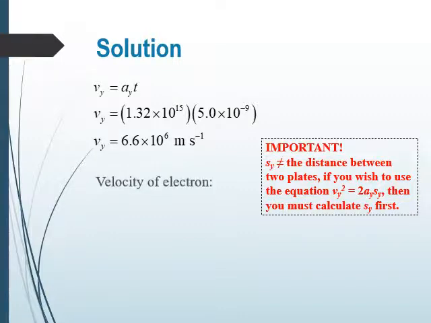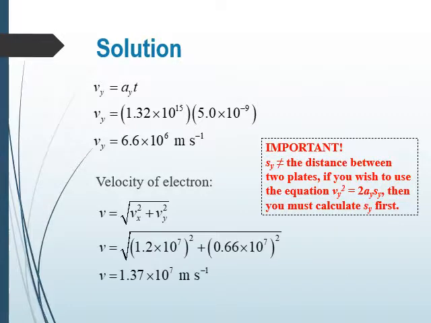Therefore, the velocity of the electron should be calculated by using v equals square root of vx squared plus vy squared. Substitute the values into the equation and you will get the velocity of the electron equals 1.37 times 10 to the power of 7 meters per second.